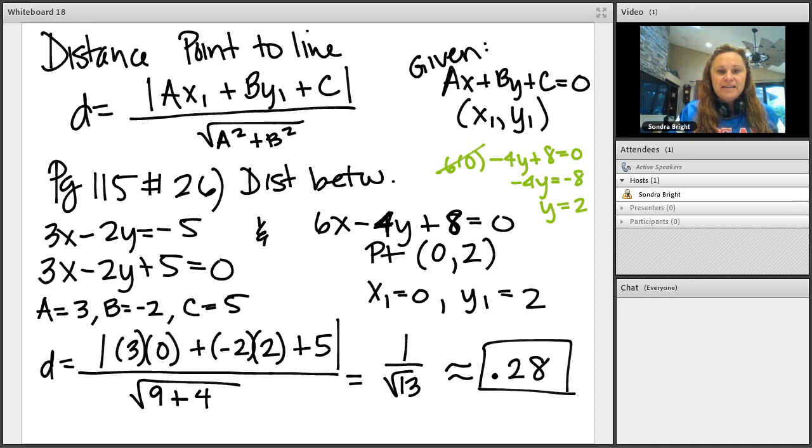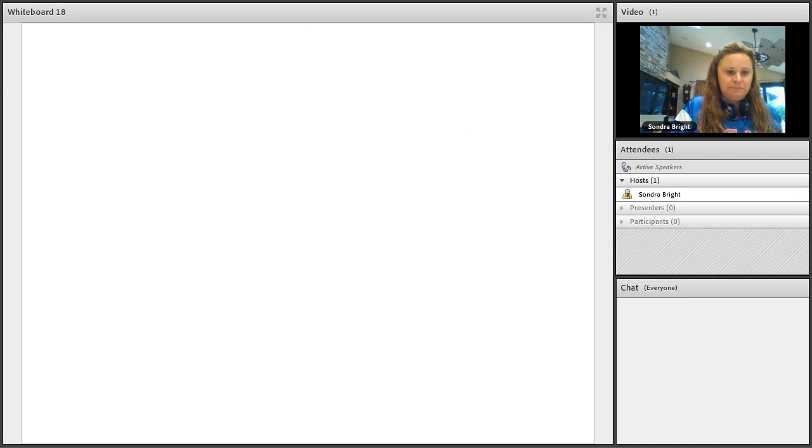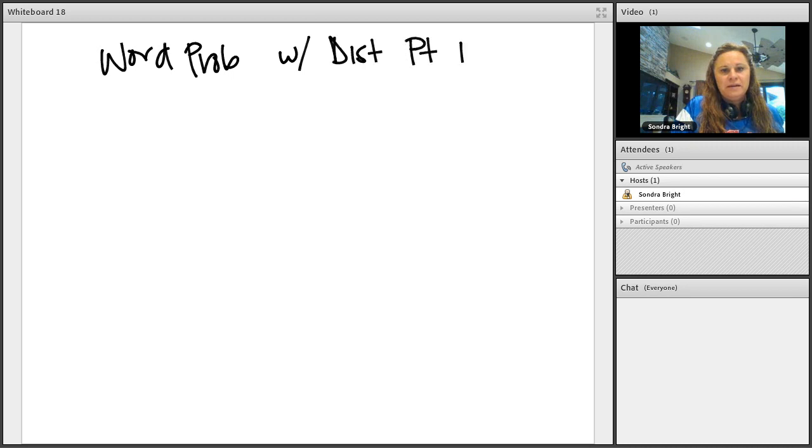Okay, that is it. Other than that, you will also have a word problem where you have to apply this distance from a point to a line. So make sure you also practice a word problem with the distance from a point to a line. The notes are good, right?